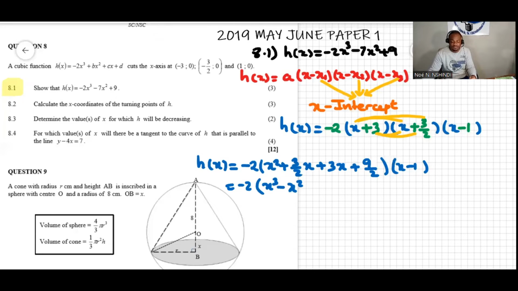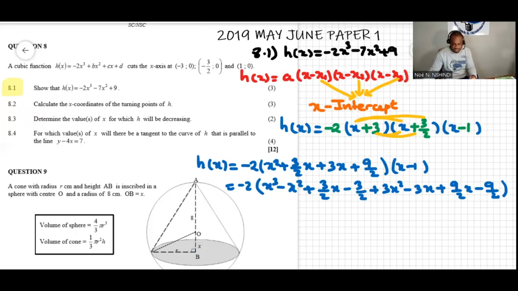And then 3 over 2x times x makes positive 3 over 2x squared, and then 3 over 2x times negative 1 makes negative 3 over 2x, and then 3x times x makes positive 3x squared, and then 3x times negative 1 makes negative 3x, and then 9 over 2 times x makes positive 9 over 2x, and then 9 over 2 times negative 1 makes negative 9 over 2, close brackets.